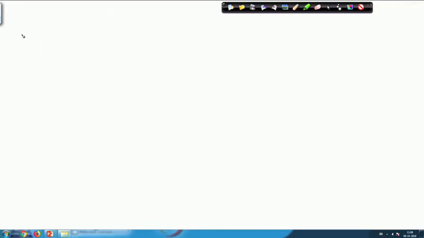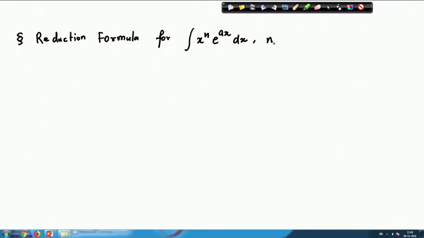So suppose we want to derive a reduction formula for x to the power n e to the power ax dx, where n is a positive integer.